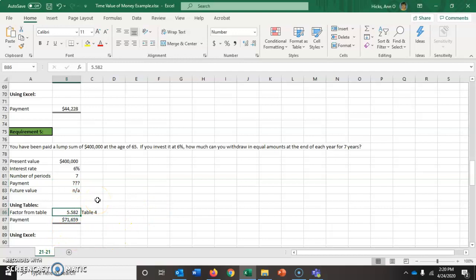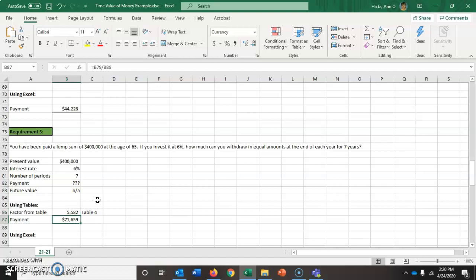Now, we're going to go to table 4, which in the book, if we use a table, is the present value of an annuity. Previously, we were using the future value of an annuity. That table operates in the same fashion. We'll find the intersection of 6% and 7 periods, and the factor is 5.582.